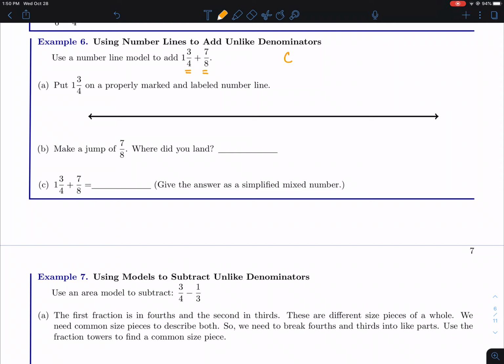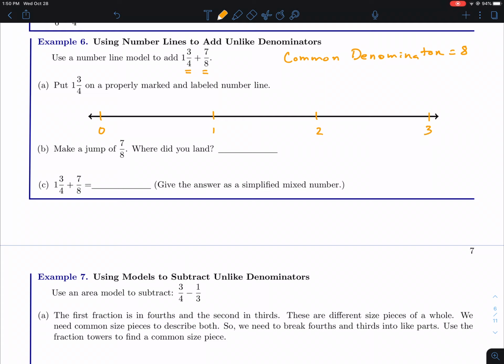So it looks like our common denominator is going to equal 8. And so again, now I can start to plot points. So in this case, it's 0, 2, and 3.